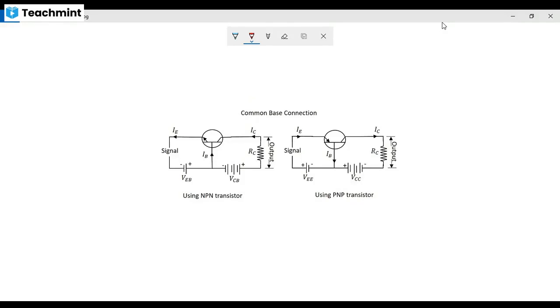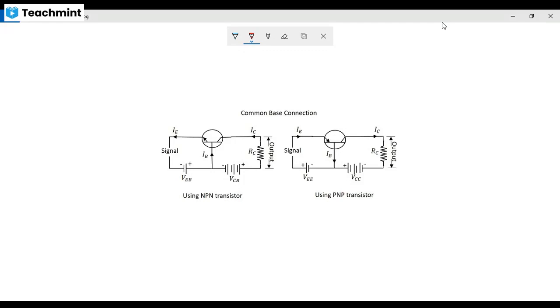You see here, for the NPN transistor, negative bias is given to the emitter terminal. This is forward bias, but negative is given here.